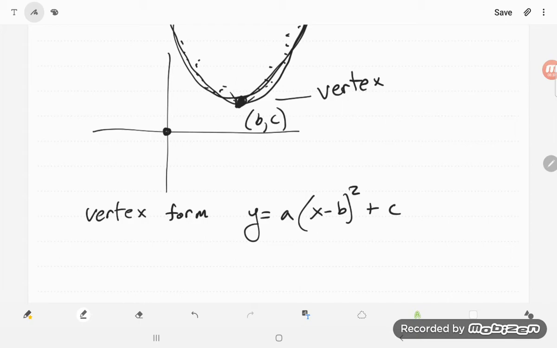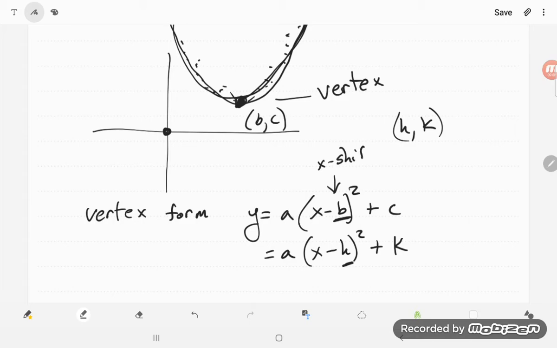Many textbooks will, instead of calling that b and c, call it h and k, so they would write a(x minus h) squared plus k. Doesn't really matter. What matters is here is the shift in x for both of those, and that's the x shift. And here is the y shift.